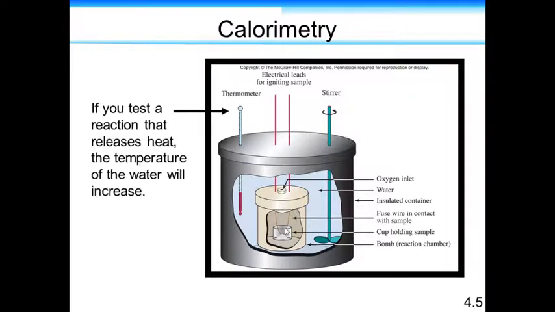Basically, once it occurs, heat will be released to the water, and based on the temperature change of the water, we can actually calculate how much energy was released. And then we can describe that food item or that chemical reactant in terms of energy released in that reaction per mole or per gram.